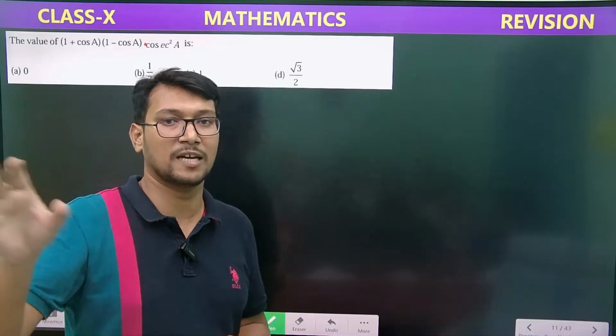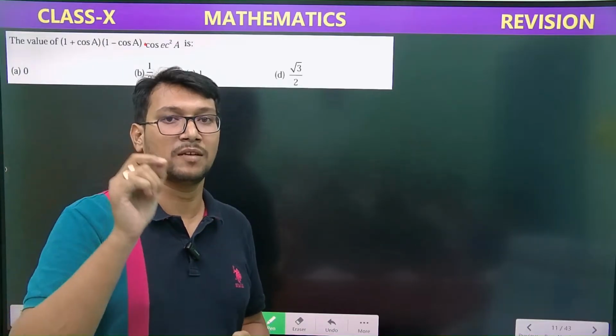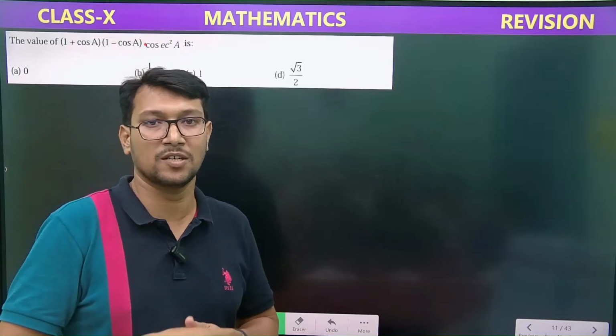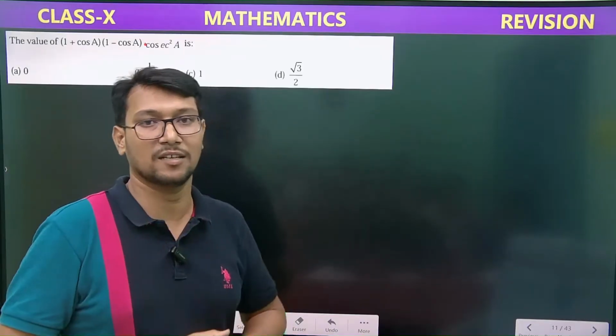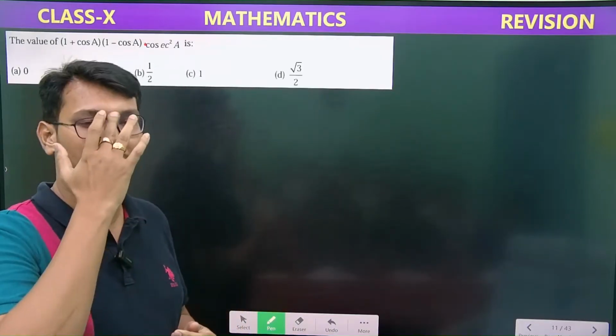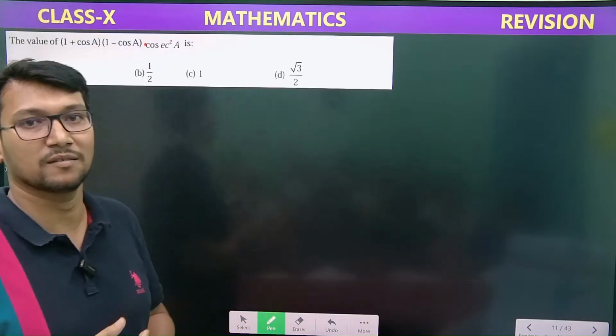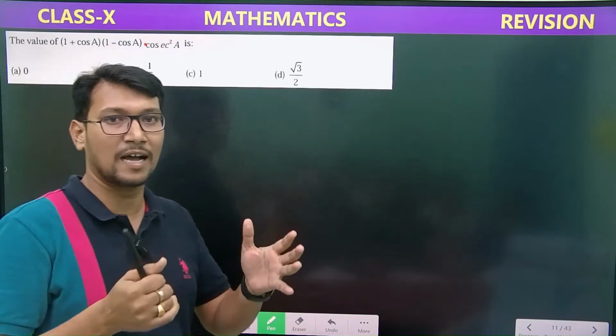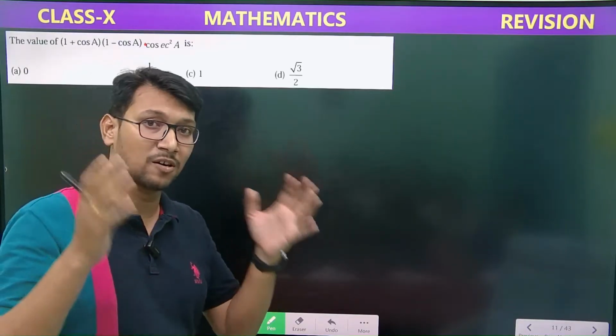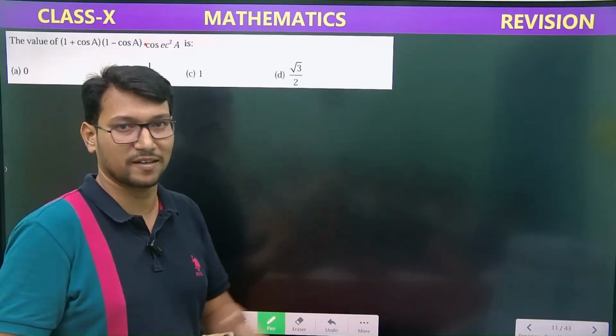Now revise, this is the time for revision. Write whatever you can. For the boards, start preparing from tomorrow onward. If you are worried how to write the exam, that means you have not prepared well. This is the time to prepare.